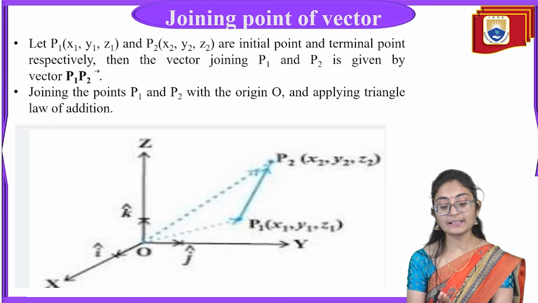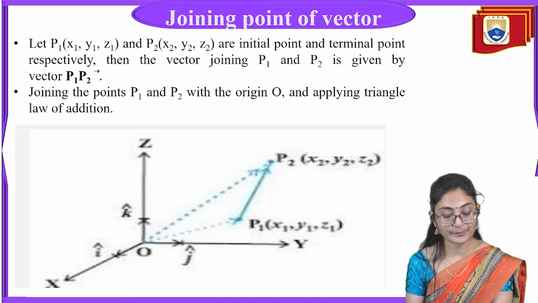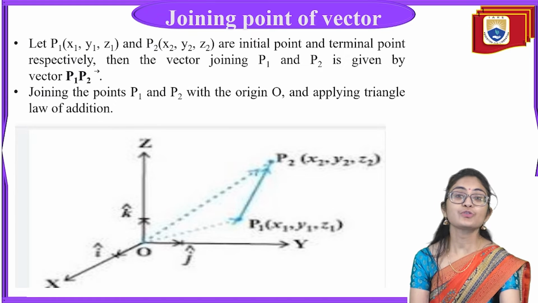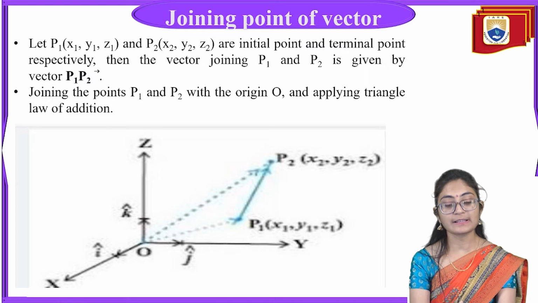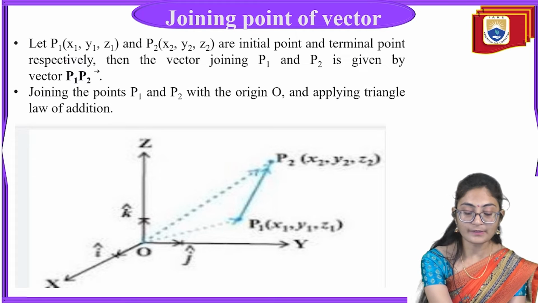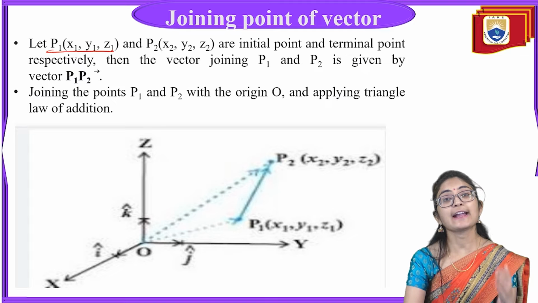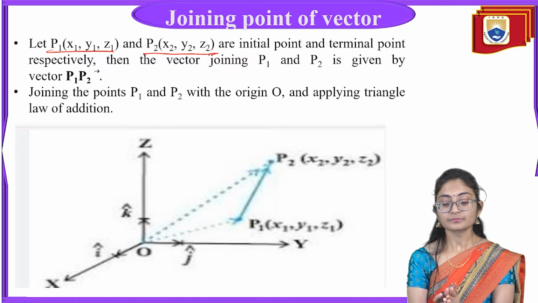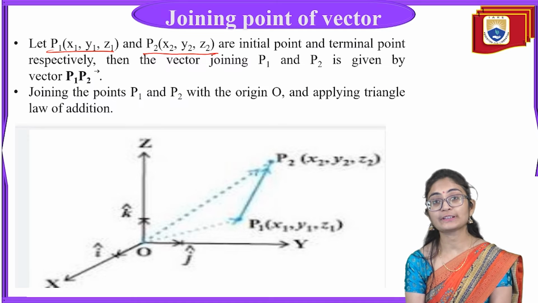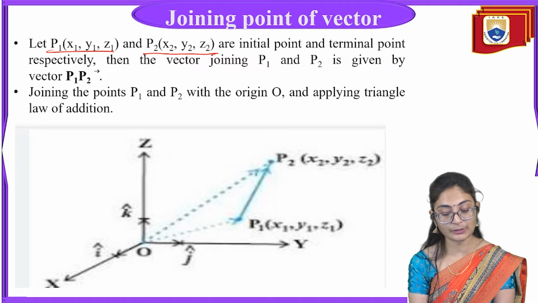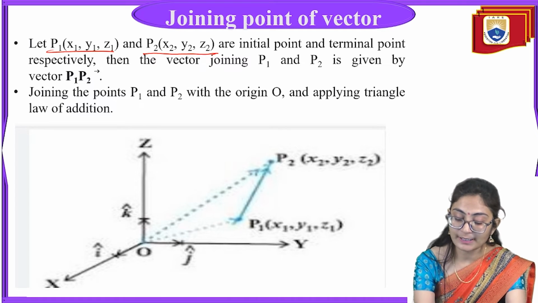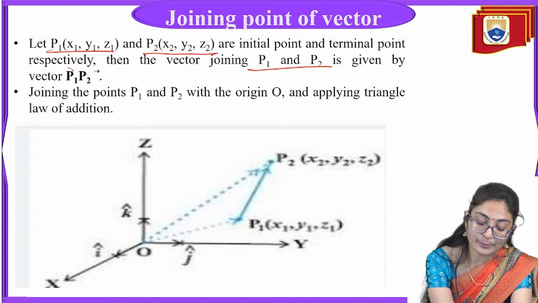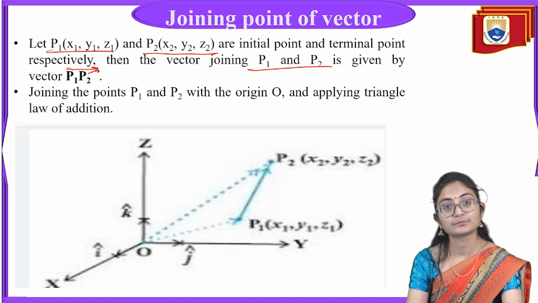Now we will see the joining of points by a vector. First, consider P1 as (x1, y1, z1) and P2 as (x2, y2, z2). These are the initial point and terminal point respectively. Then the vector joining P1 and P2 is given by the vector P1P2 with an arrow.